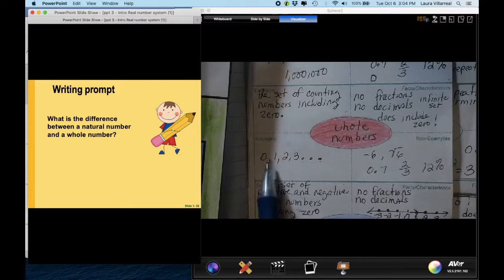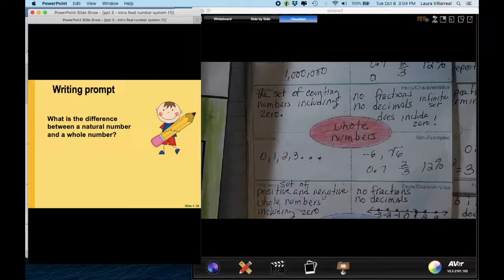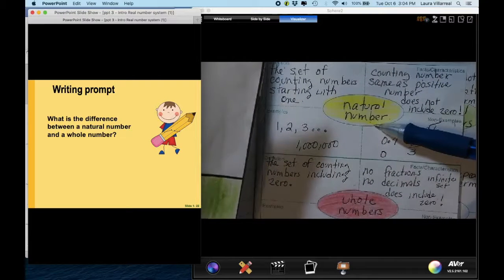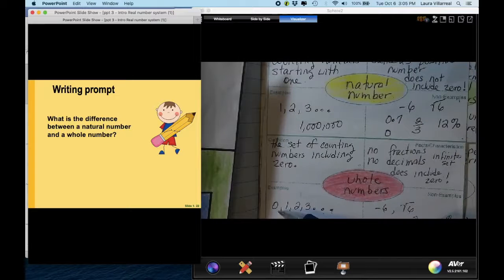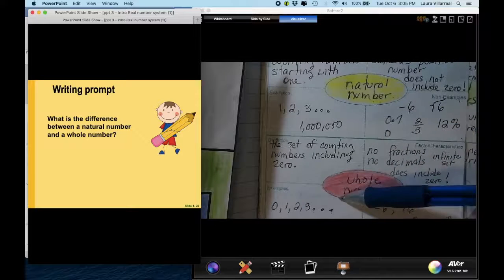The difference between a natural number and a whole number is that the set, notice I'm using the word set because this is a collection of numbers, is that the set of natural numbers does not include 0. Or if you want to say it the other way, that the set of whole numbers includes the number 0, while the set of natural numbers does not include the number 0. And that's it, one quick simple sentence.